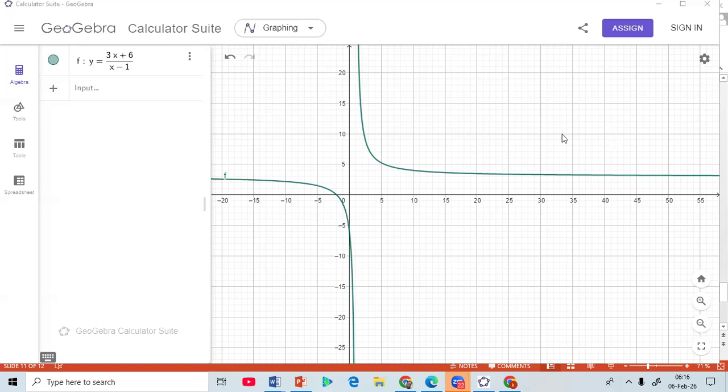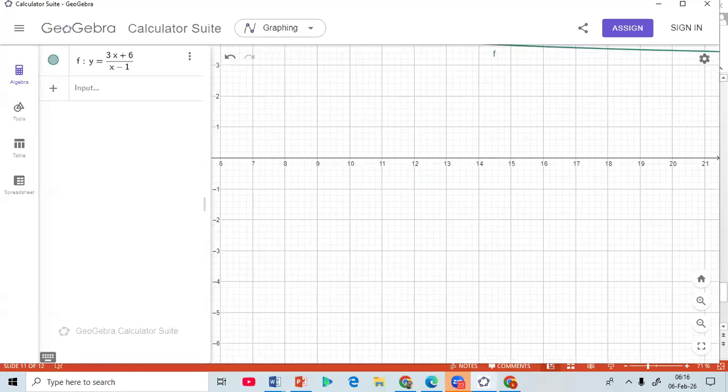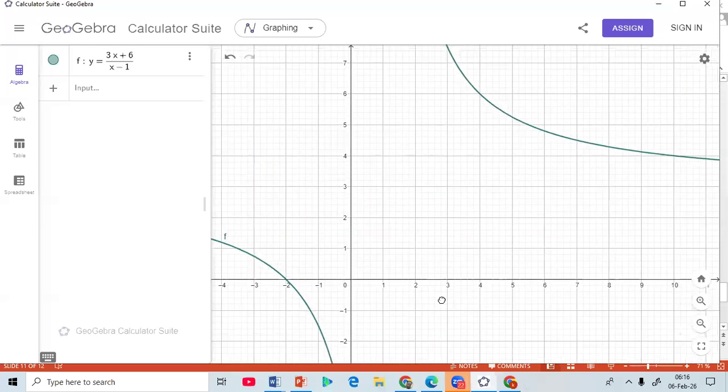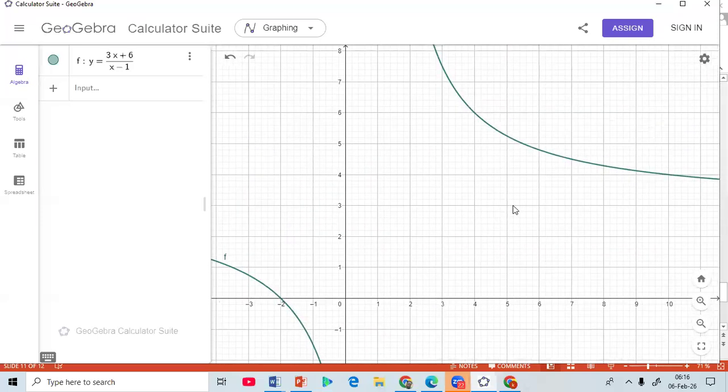Yeah, I have understood, sir. Okay. So visually, this is how it looks on the graph. When you draw it on the graph, it will look like that. But for the x-axis it appears like that.